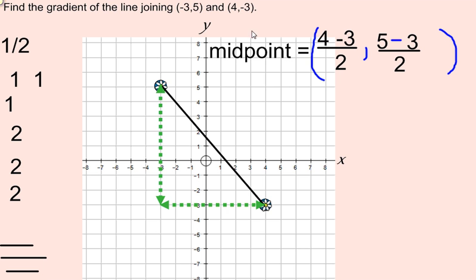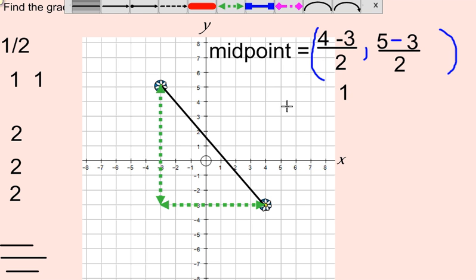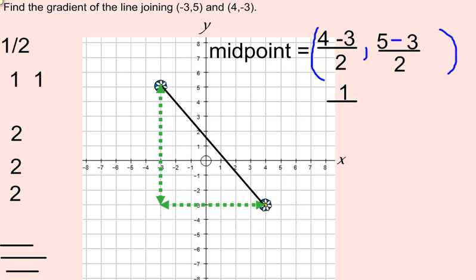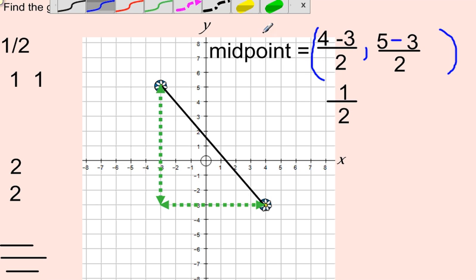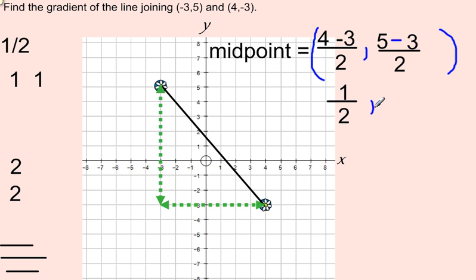Now when I work that out, 4 -3 is 1. Divide that by 2. And that just gives me a half. Now I've got to do 5 -3. 5 -3 is 2.